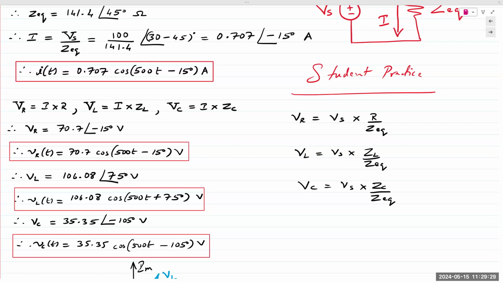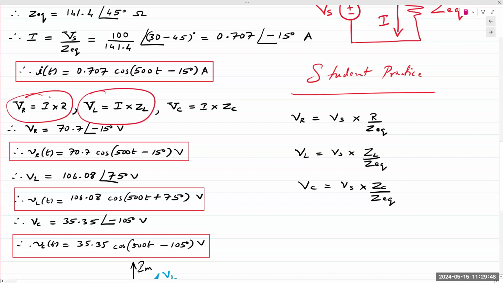We can apply simple Ohm's law again because of complex numbers. As I'm fond of saying, we are using complex numbers to make the math less complex. So VR is simply given by I times R, VL is I times ZL, and VC is I times ZC. You apply Ohm's law first, find the total current I, then you apply Ohm's law a second time, find the three voltages, and that's it.